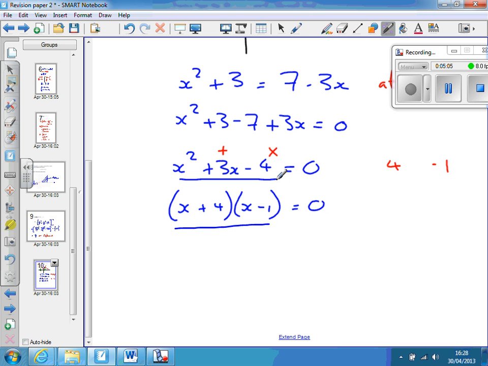So we've factorized it, and now we can write down what x is, because the right hand side is 0. Either the first bracket is 0, x plus 4 is 0, in which case x equals minus 4, or the second bracket is 0, in which case x equals 1. So we've got our values of x, our limits. x equals minus 4 or 1.